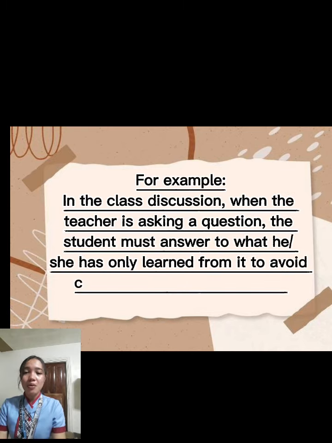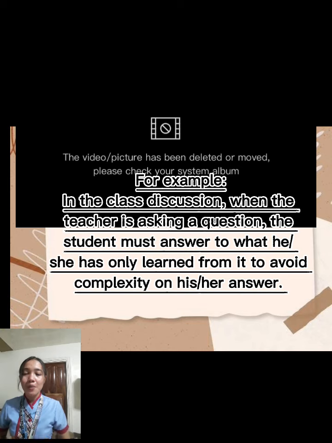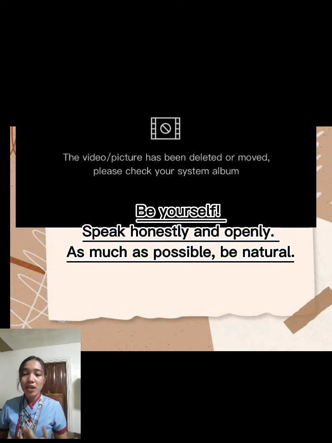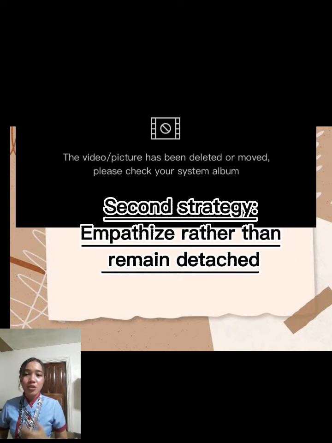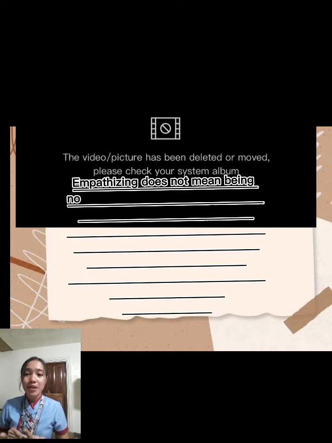You just need to be honest in your thoughts and ideas when you communicate to someone else. For example, in a class discussion, when the teacher is asking a question to his or her student, the student must answer only what he or she has learned, to avoid complexity in the answer. In short, be yourself. Speak honestly and openly. As much as possible, be natural.